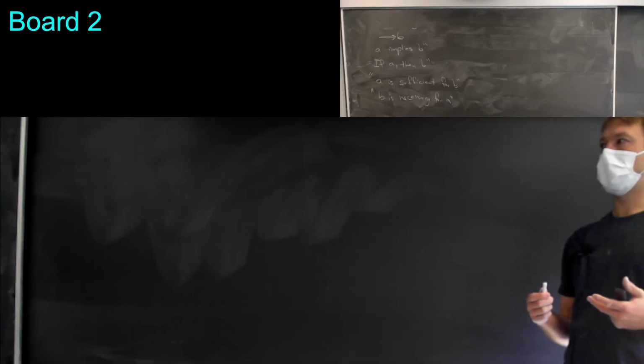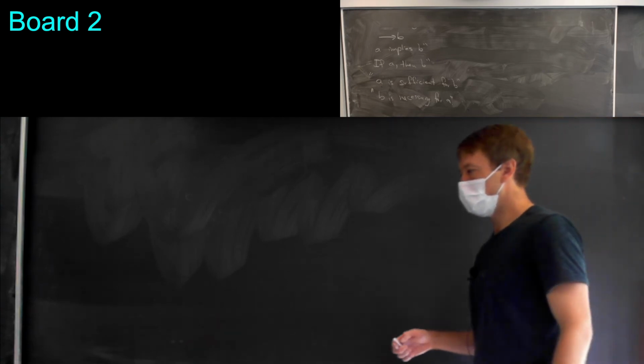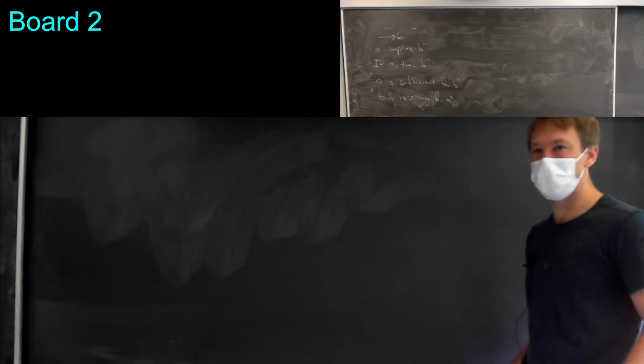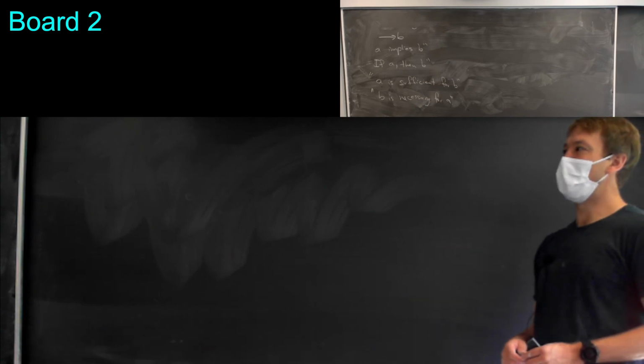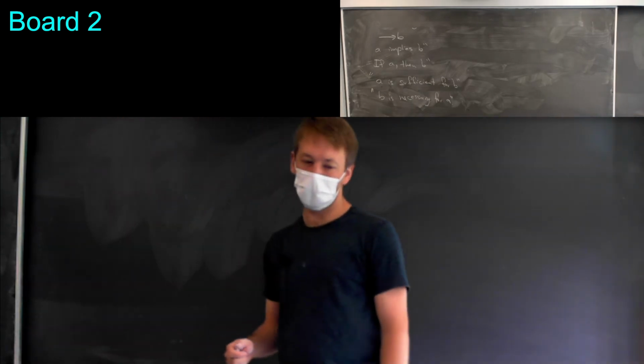Let me show you a few more logical equivalences. I'm going back because we're going to need these later. So far the only way I've given you to do anything in this course is truth tables.